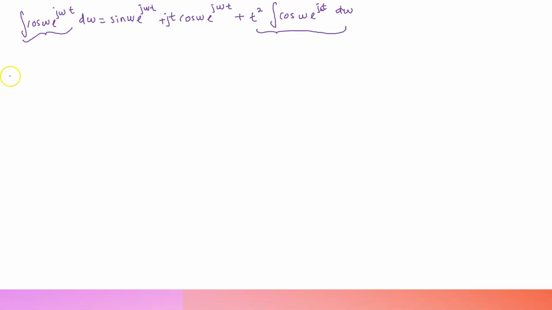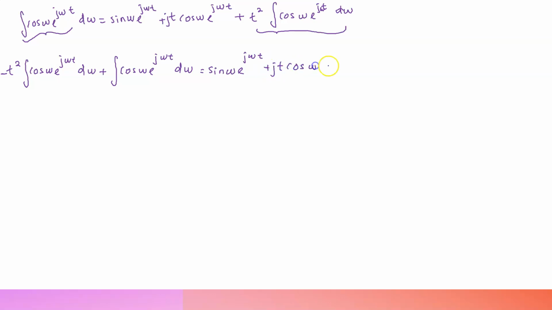You will get minus t square integration cos omega e^{jωt} dω, plus this one, cos omega e^{jωt} dω, equals sine omega e^{jωt} plus jt cos omega e^{jωt}.